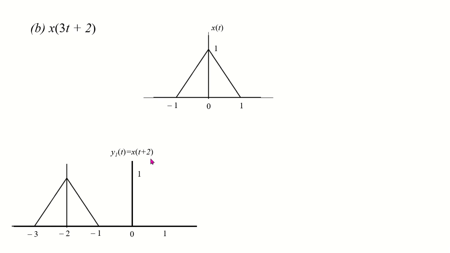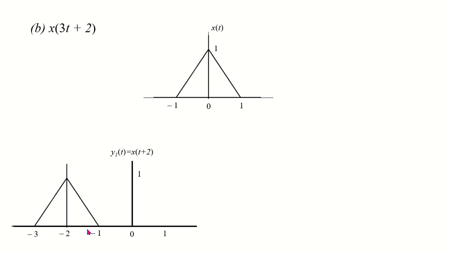Now the second step, after time shifting, is performing time scaling, and the scaling factor is 3. So this is greater than 1, which means that there will be a compression in the axis. If you focus on compressing or expanding the axis, then automatically the waveform shown will also be compressed or expanded respectively.